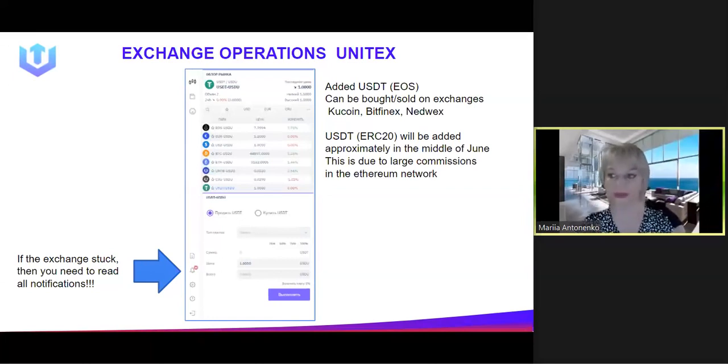But since we have our own tokens and they are akin to EOS, and we already added an EOS wallet, for our programmers it was easy to add USDT on EOS, but it was difficult to add USDT on ERC20. See, it's all about commissions.